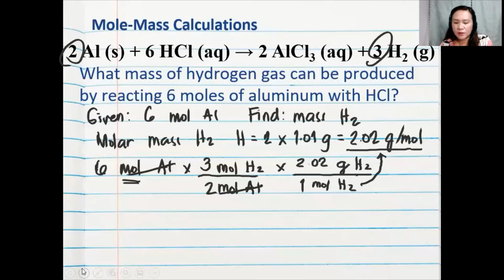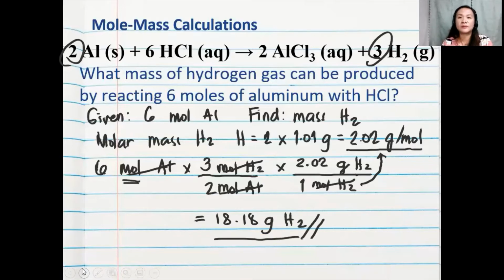So we now cancel the 2 moles, and so we are now left with the mass as our final unit. And so for this problem, our answer will be 18.18 grams of H2. So this is now our final answer.